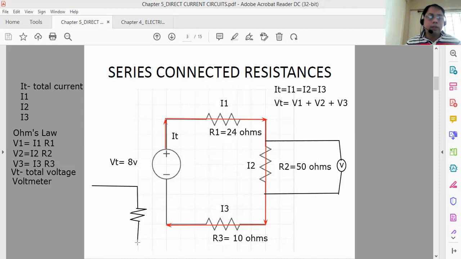We call this single resistance R sub t. So your R sub t is your combined resistance of all three resistances. We can group them together into a single equivalent resistance.